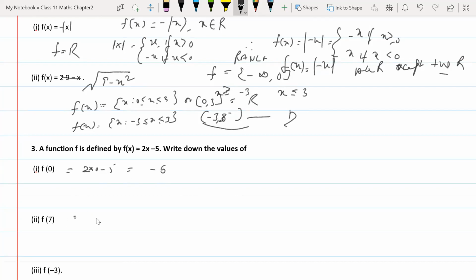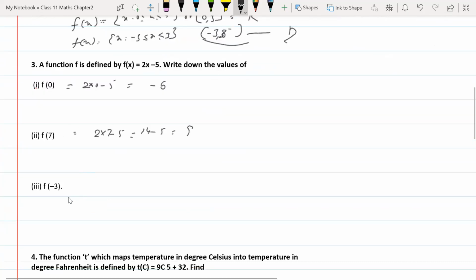If x is 7, then it is 2 into 7 minus 5, 14 minus 5, and it becomes 9. If x is equal to minus 3, then it is 2 into minus 3 minus 5, which means minus 11. That's all about it. It's very simple. You can put values of x only in x.